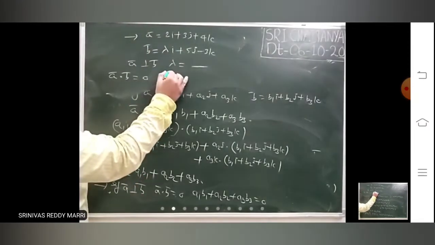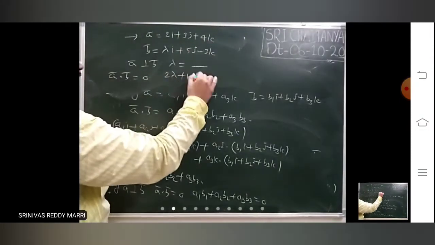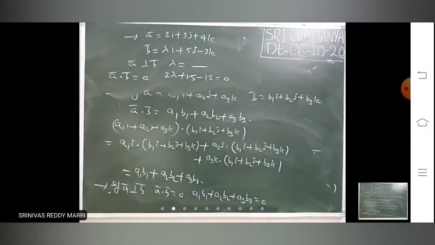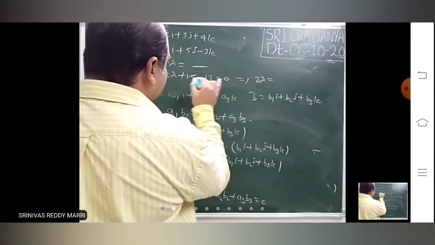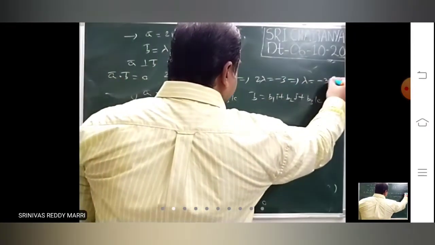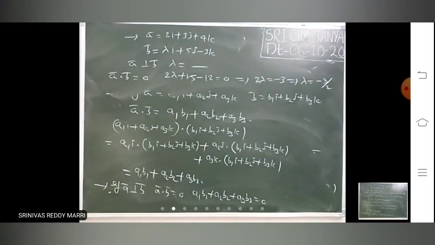That means 2 lambda plus 15 minus 12 equal to 0. So 2 lambda equal to minus 3. That implies lambda is nothing but minus 3 by 2. Like that, whenever perpendicular, you write dot product equal to 0.